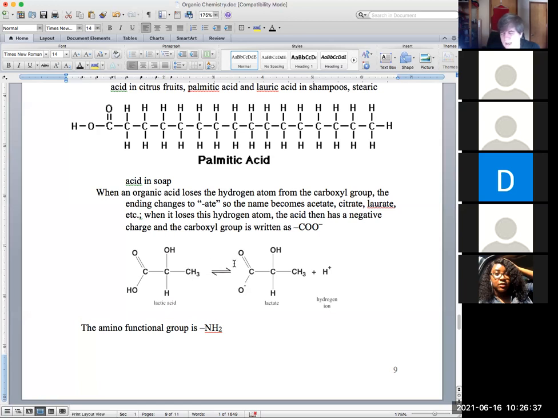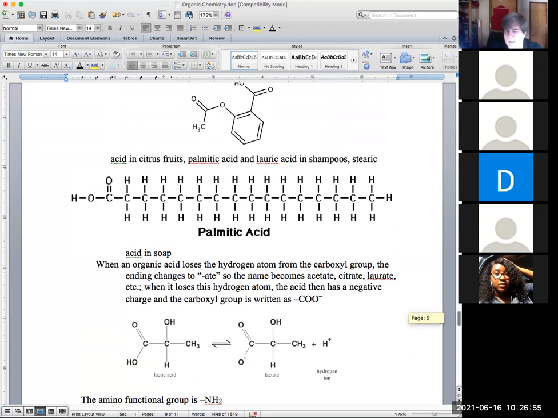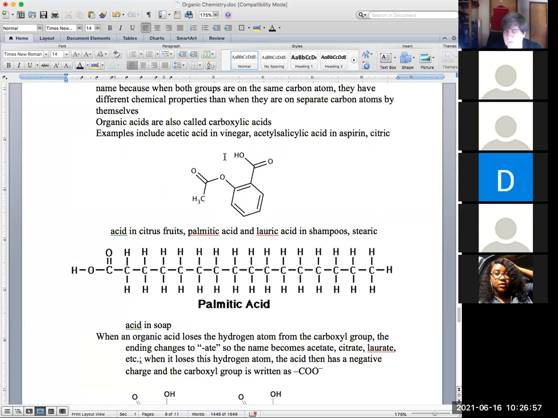equation or reaction. Now, notice that when we lose our hydrogen ion off the OH, we don't call this lactic acid anymore. We call it lactate. So if we go back and look at some of our earlier names, when the carboxyl group in acetic acid loses its hydrogen, it's now called acetate.